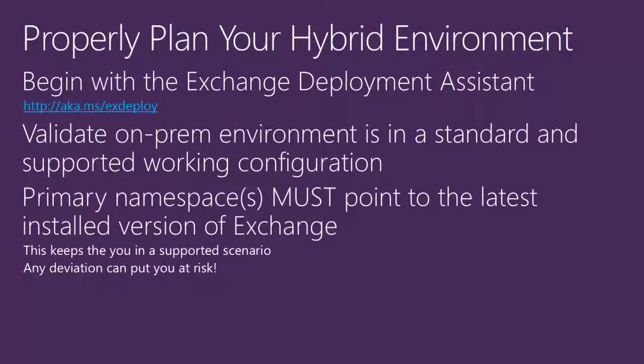First of all, things will not work, or might work differently, or will cause issues. So does that mean that you have to go through a migration on premises? Well, sort of. It is something that you need to take into account. If you only have 2007 today, then you need to change your namespaces to Exchange 2010, which might or might not incur some work on your end, but it's something you definitely need to be aware of.